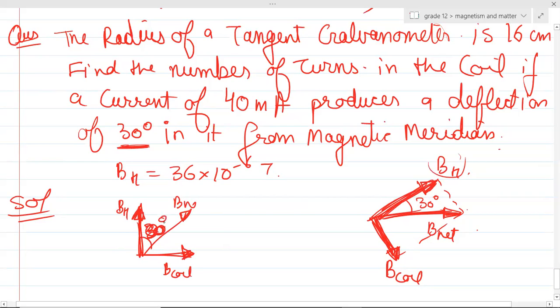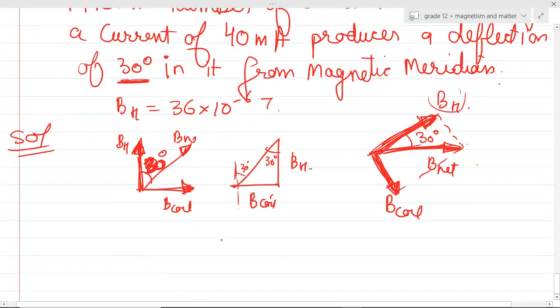Can I draw it like this, guys? If I can draw it like this, then can you see a triangle? If this angle is 30 degrees, then automatically this angle is also 30 degrees. So from here, B coil upon BH is basically tan 30 degrees.